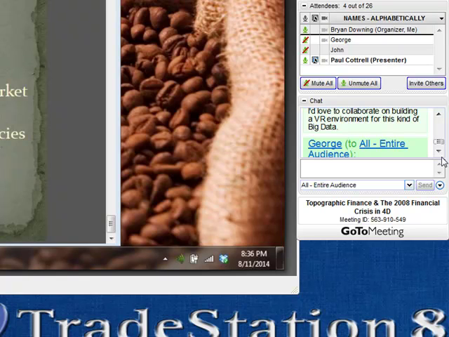The problem I see is that there's a learning curve of how to interpret the data. I see the market in 3D. Maybe some people don't, so there's a learning curve on that.